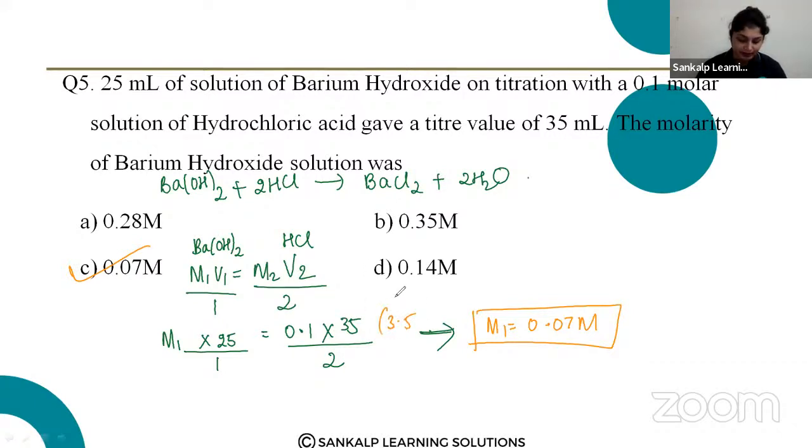Then divided by 2, this comes to 1.75. Now what you have to do, 1.75 divided by 25. Here again I am just simplifying for those who did not understand. So 0.175 divided by 25 comes to 0.07 M.